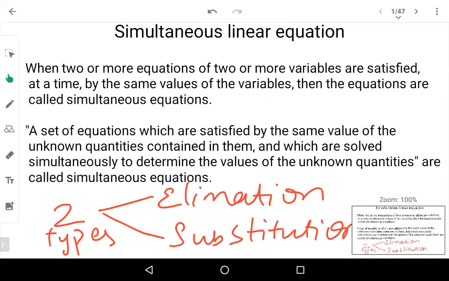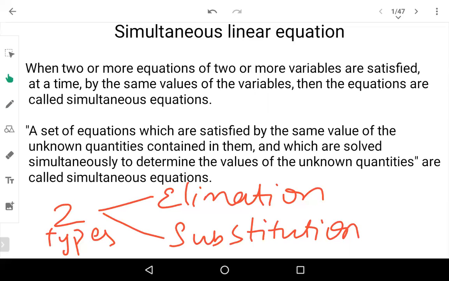In that scenario, we call them simultaneous equations. And these are simultaneous linear equations. Linear means the highest degree in the equation will be 1. So that is called a linear equation.